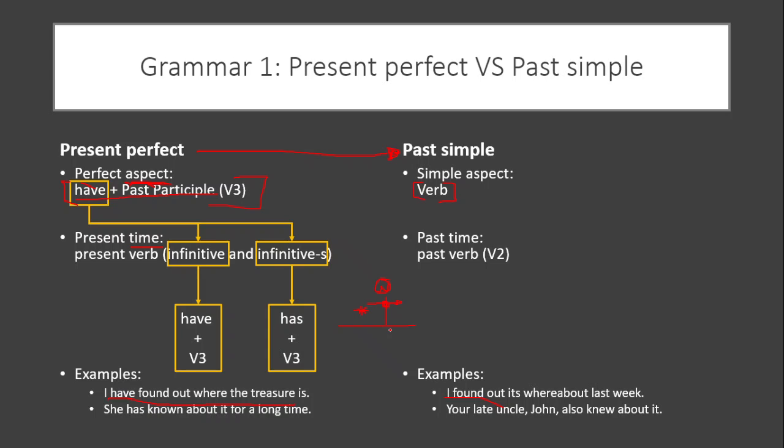Now, when we mention the time in the sentence, we will use past simple. I found out its whereabouts last week. Or the second one, she has known about it for a long time.